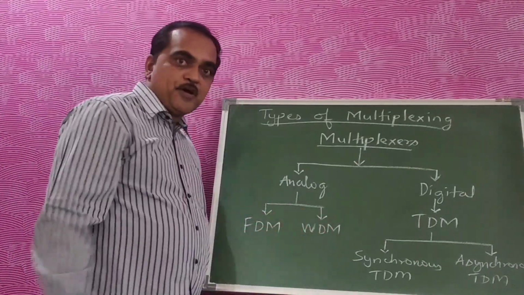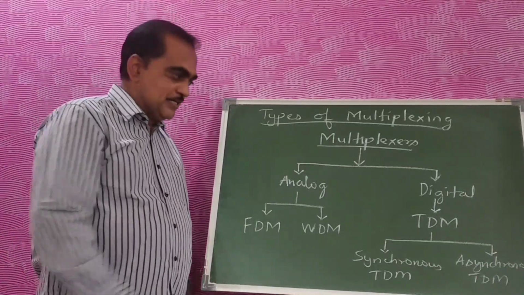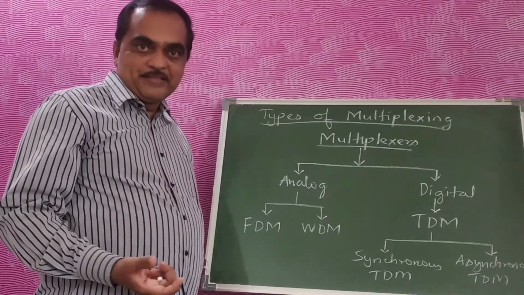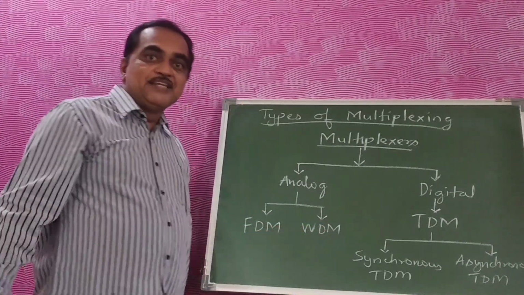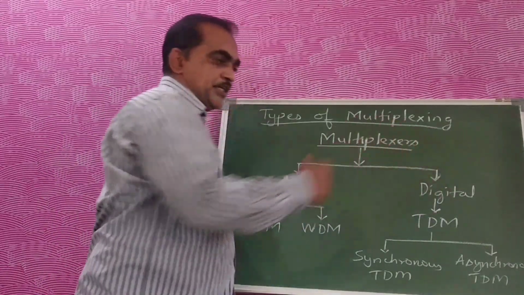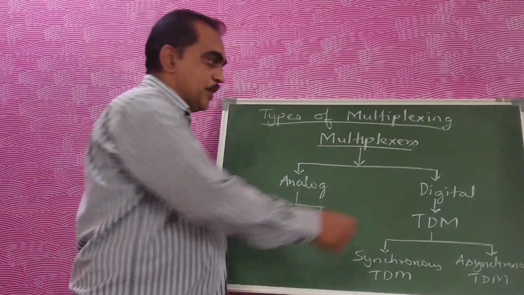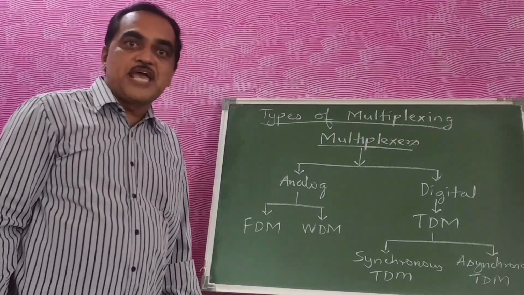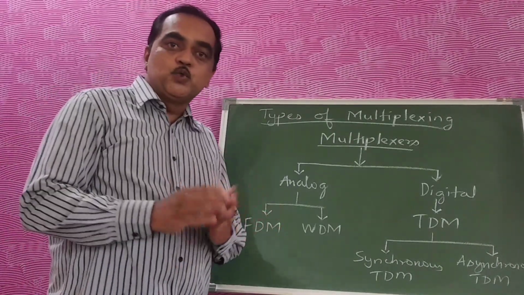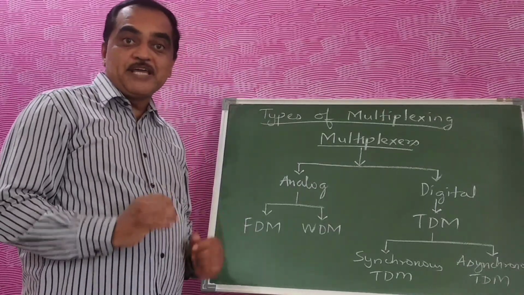Similarly, in WDM, wavelength division multiplexing, the signals are combined together based on wavelength, and it is mostly used in the light spectrum. Similarly, digital has one type of multiplexing, called time division multiplexing, where signals are combined many into one on the basis of time.